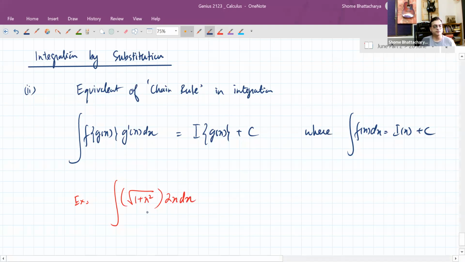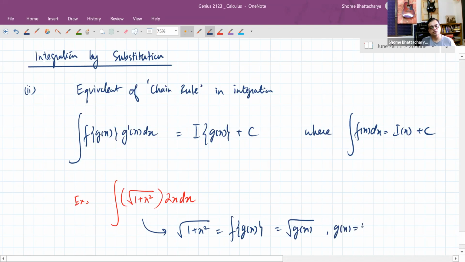Now you can see that this function, square root of 1 plus x square, is a composite function. It is f of g(x), which is square root of g(x), where g(x) is equal to 1 plus x square. And it is multiplied with this term 2x, which is the derivative of g(x). 2x is g prime x because it is the differentiation of 1 plus x square.